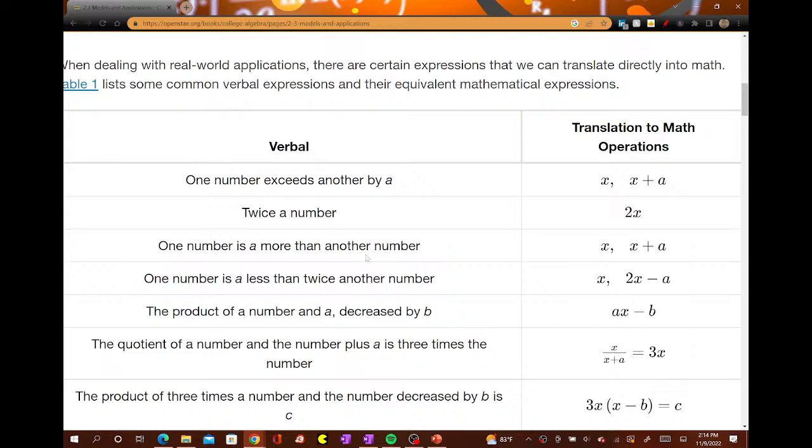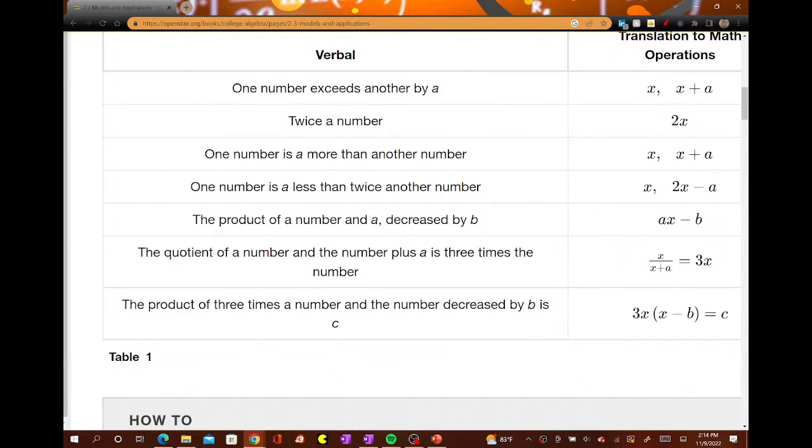One number is a less than 2 times another number, so that would be from x to 2x minus a. And then the product of a number and a decreased by b: the product of a number and a is ax, and decreased by b, so minus b.